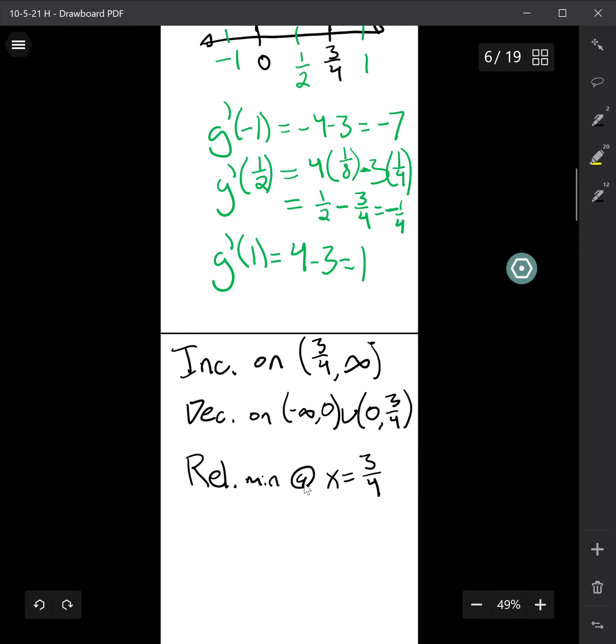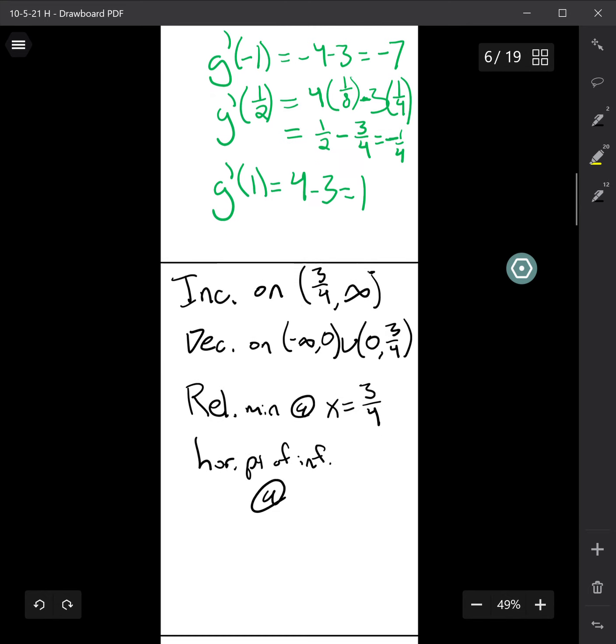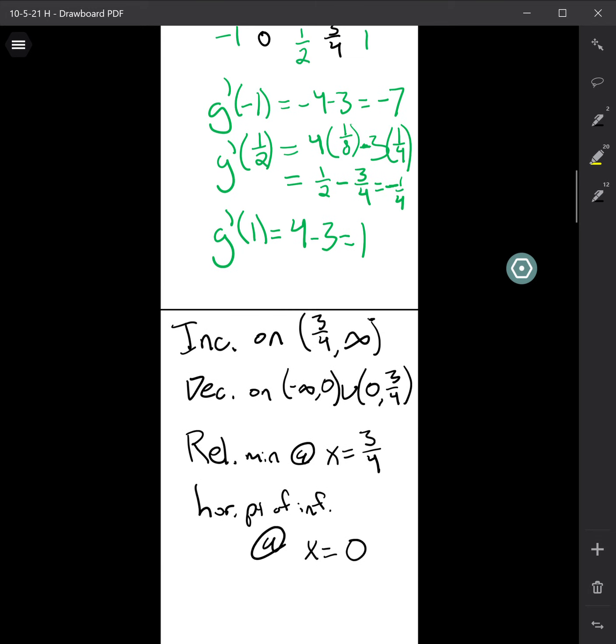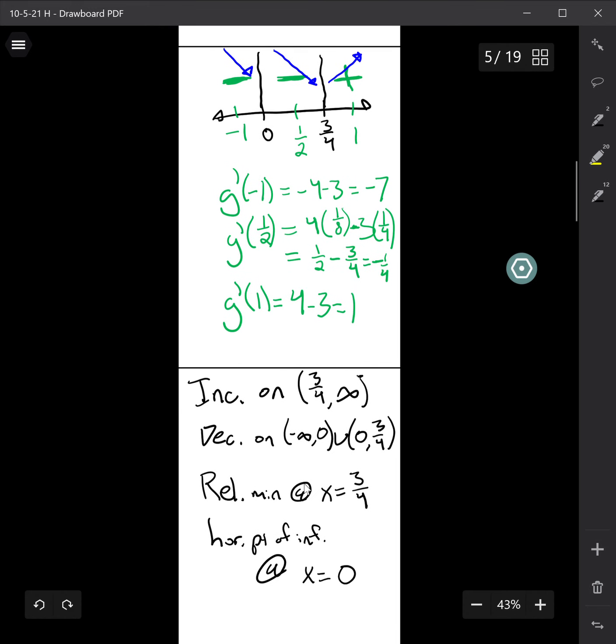And now ultimately we have a horizontal point of inflection. And that's where I went from decreasing to decreasing, which occurred at x equals 0. I could have also had one if I went from increasing to increasing. This down here is my answer in black.